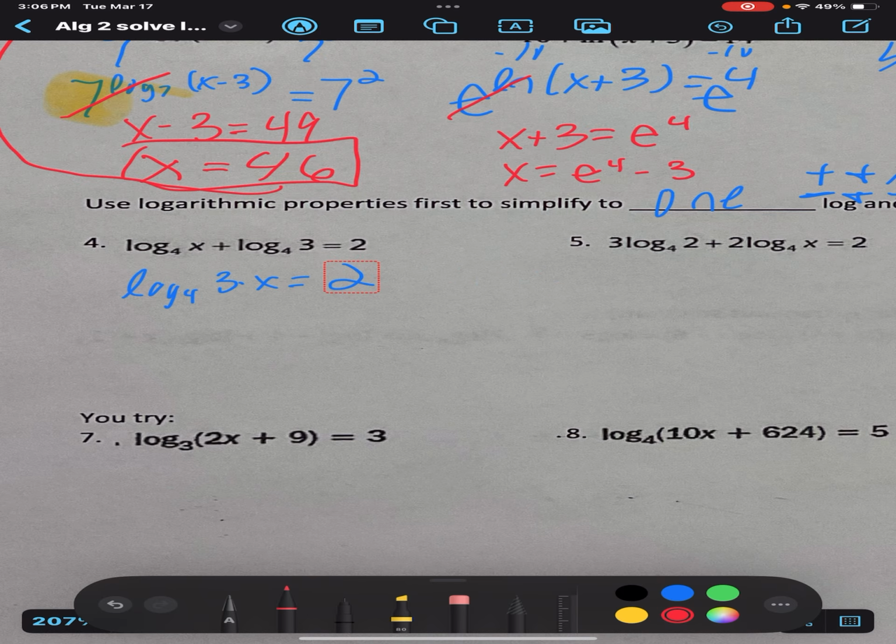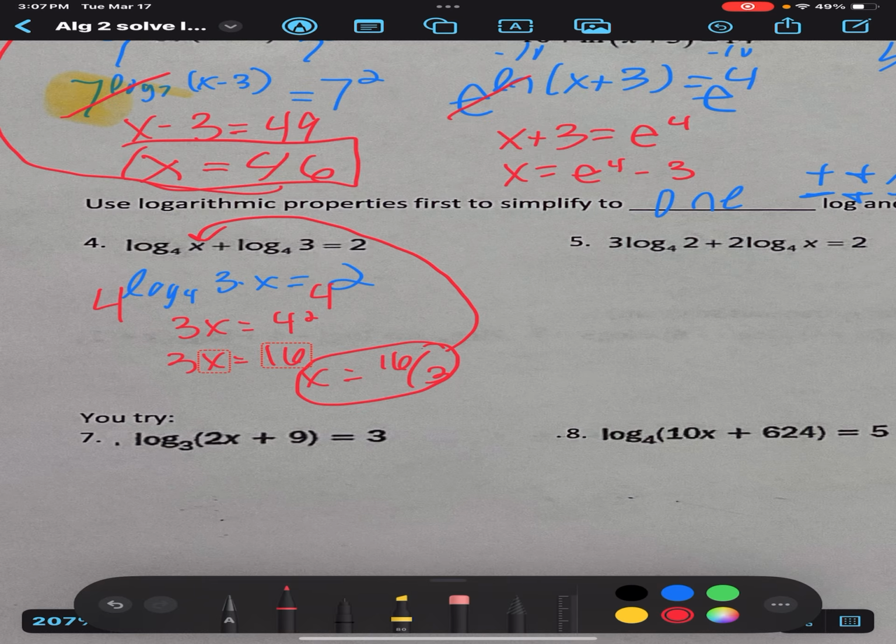Okay. There's not log on both sides, so I can't just ignore it. I'm going to exponentiate. So I get 3x equals 4 squared, 3x equals 16, x equals 16 thirds. And if I check that answer, I can plug it in right here. That is fine.